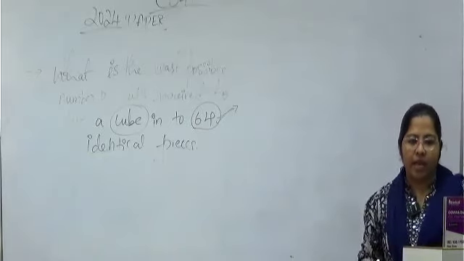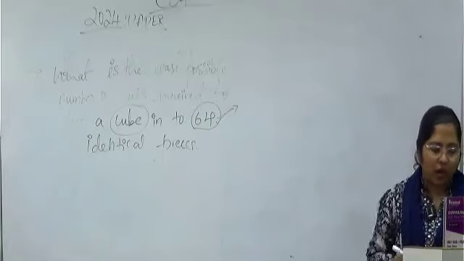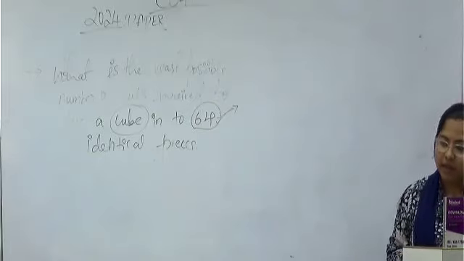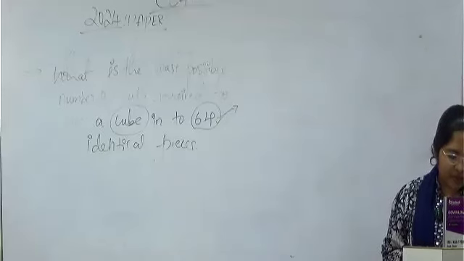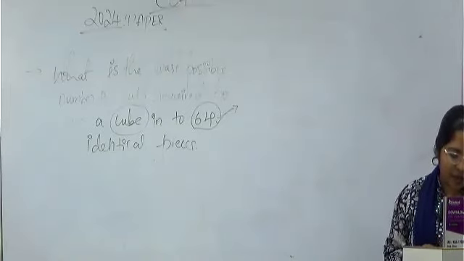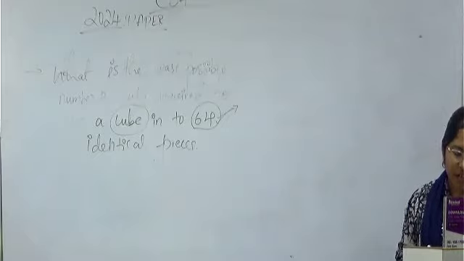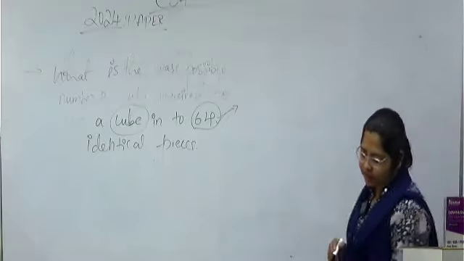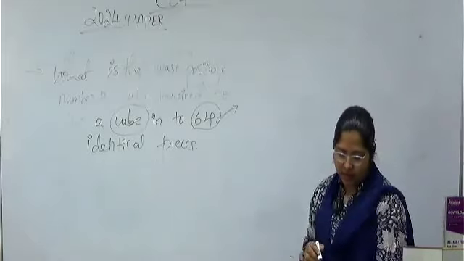You cut into 8 pieces, but you need to do plus 1, right? 12. Why 12? Identical pieces it should be. What is the possible number of cuts required to cut a cube into 64 identical pieces? Tell me, is it 8 or is it 9?